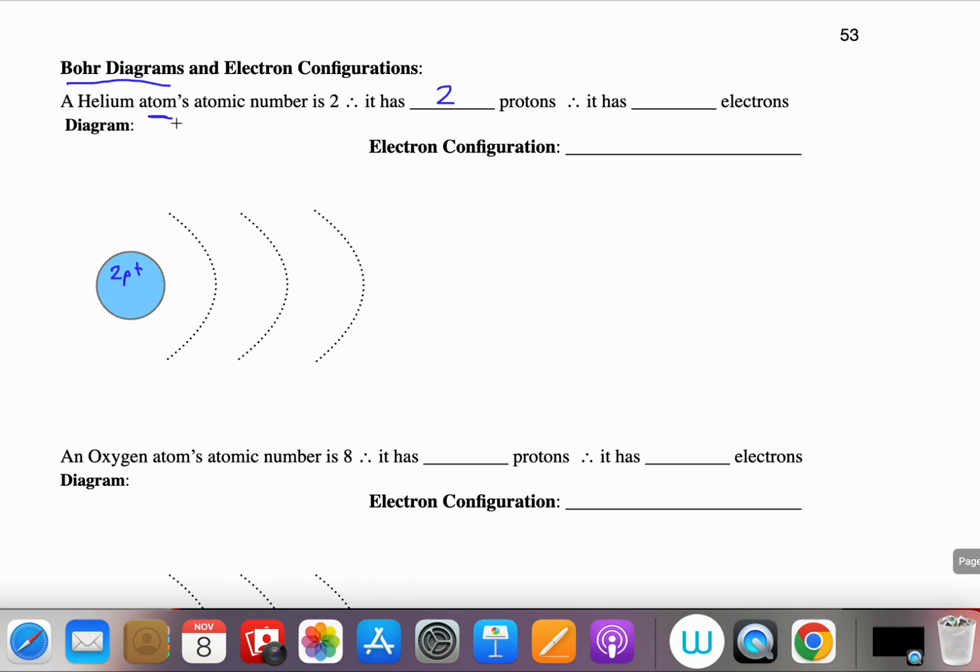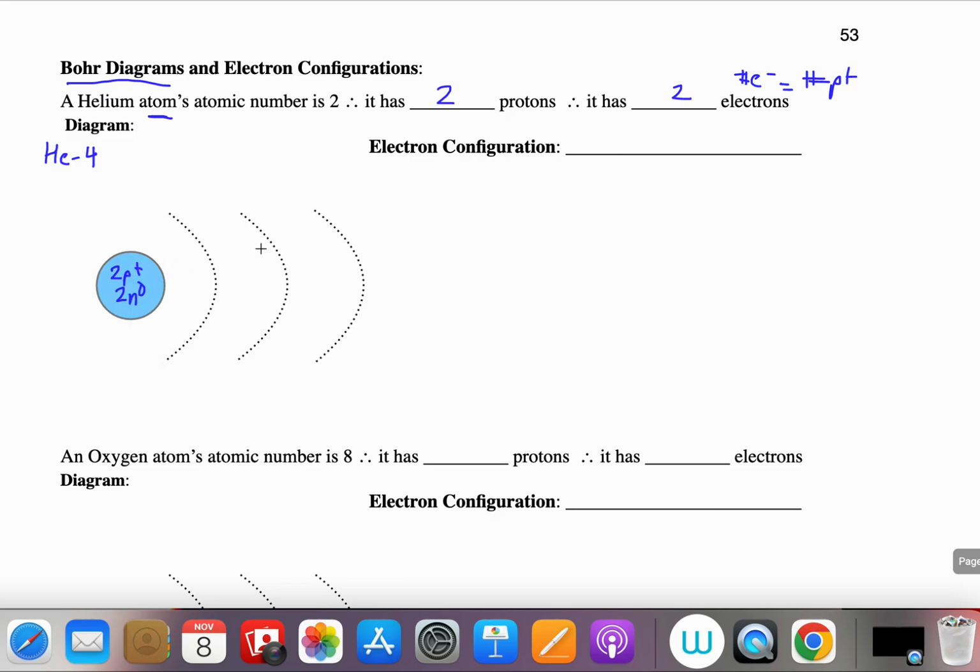And because it's an atom, the number of electrons equals the number of protons, so it has 2 electrons. Now, helium's most common mass is 4, so that means there are 2 protons and 2 neutrons in its nucleus.